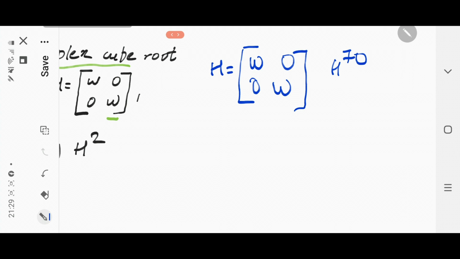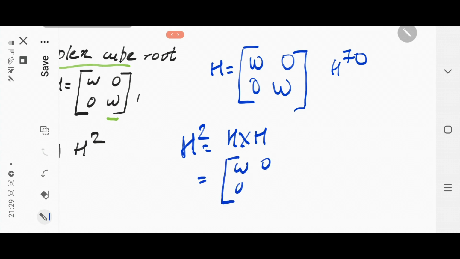In order to do that, first you take H square. What does H square mean? You can write H into H by matrix. H into H is H square, right? That is, you multiply omega 0 0 omega into again omega 0 0 omega.